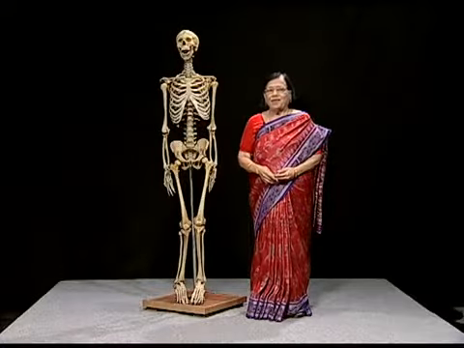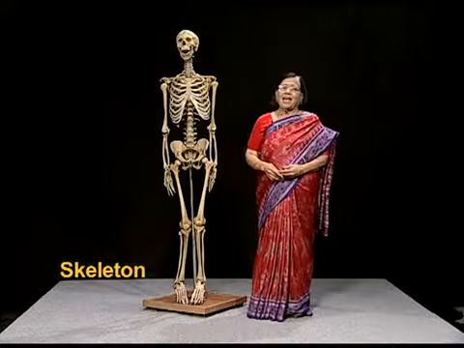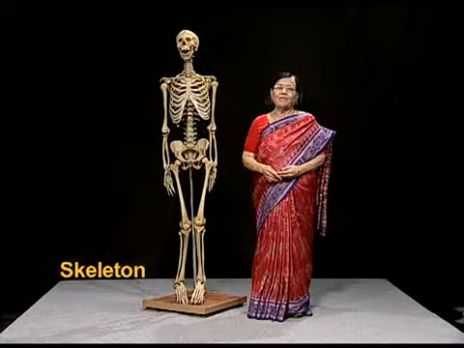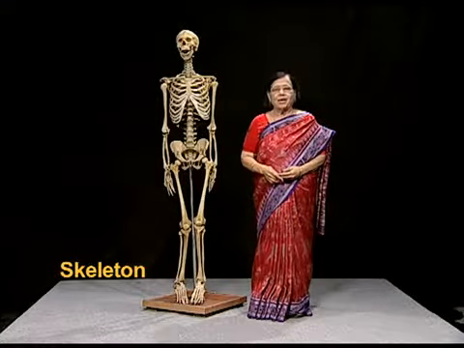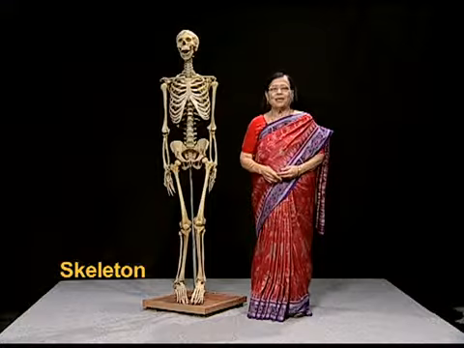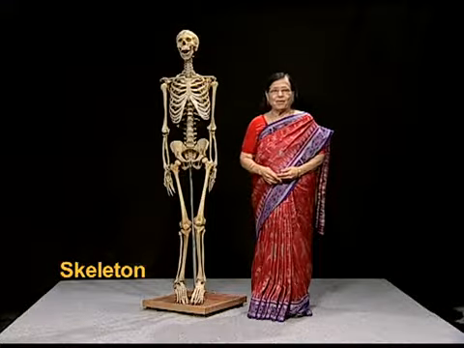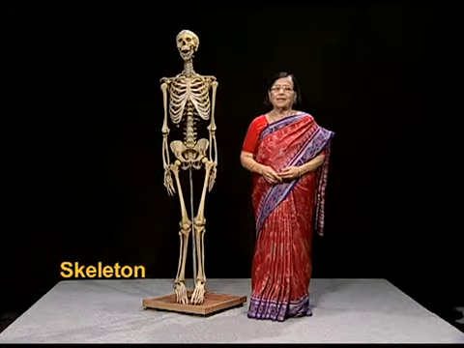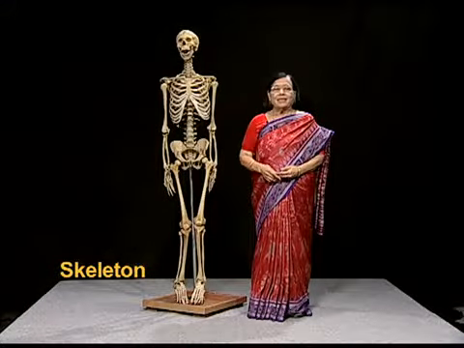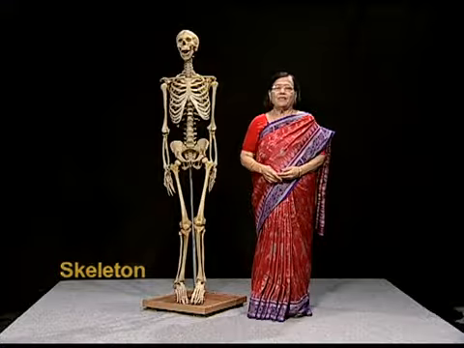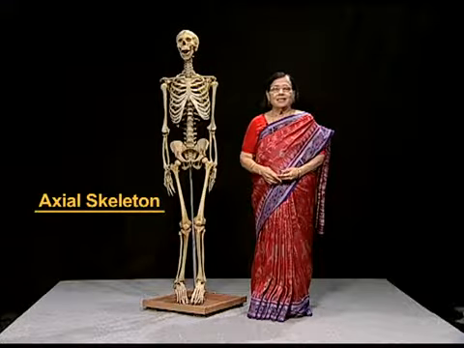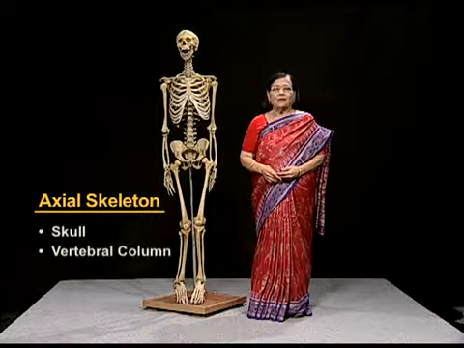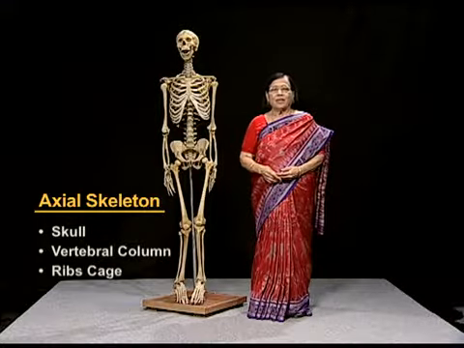Children, we have reached near the skeleton, and I am quite excited to see all the bones in one vision, in one go. I am sure you are equally interested to know about the placement of these bones in our body, which we are going to discuss along with this skeleton. As you know, the skeleton has two main divisions: the axial skeleton, in which come the skull, the vertebral column and the rib cage.